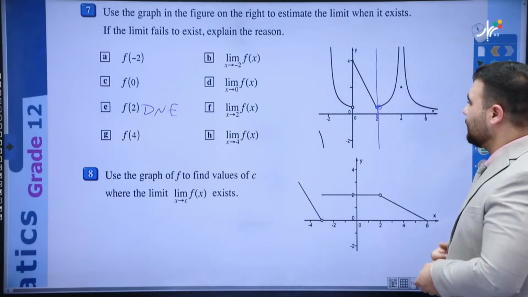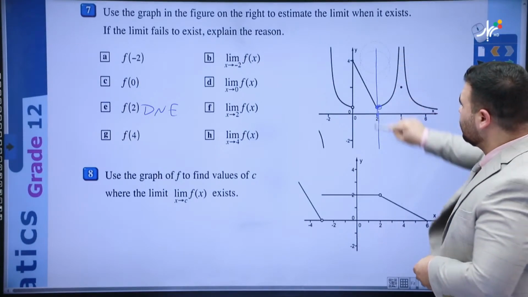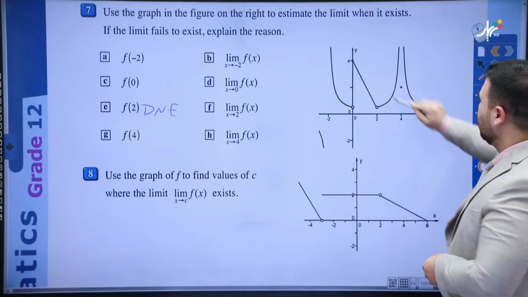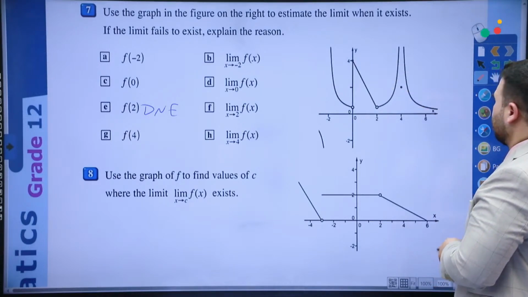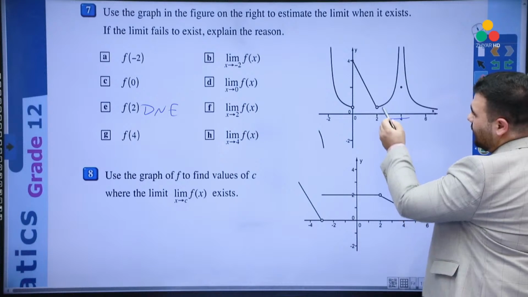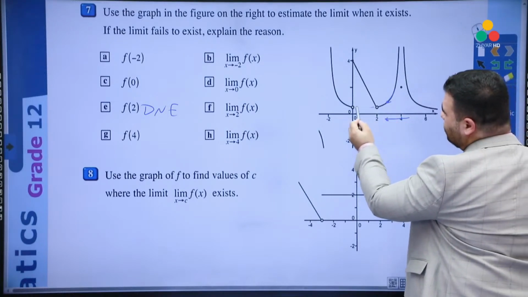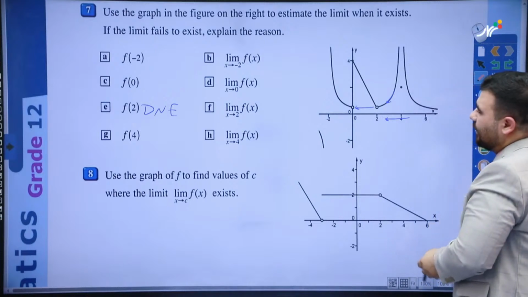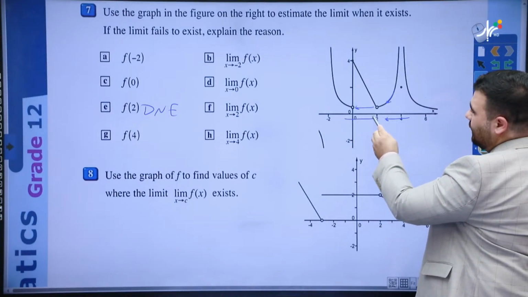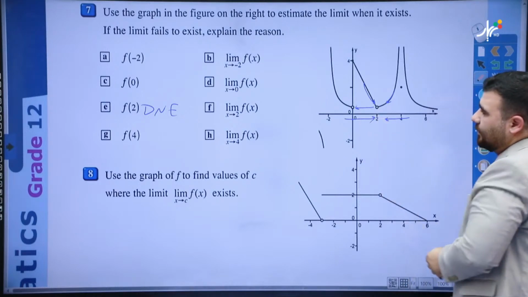Look at this one, part F. Limit x approaching 2. We are going to approach 2 on the left side and the right side. If I get closer to 2 on the right side, the graph is getting closer to this value. If I get closer to 2 on the left side, the graph is getting closer to the same value.